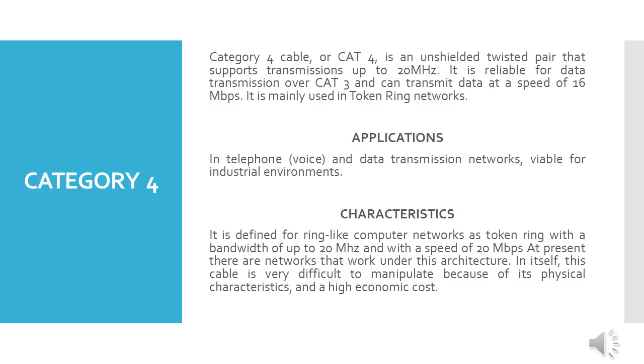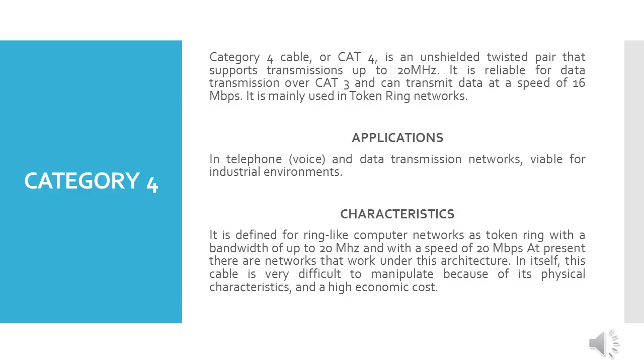Category 4. Category 4 cable, or Cat4, is an unshielded twisted pair that supports transmission of up to 20 MHz. It is more reliable for data transmission than Cat3 and can transmit data at a speed of 16 megabits. It is mainly used in token ring networks. Application: in telephone and data transmission networks. Viable for industrial environments.